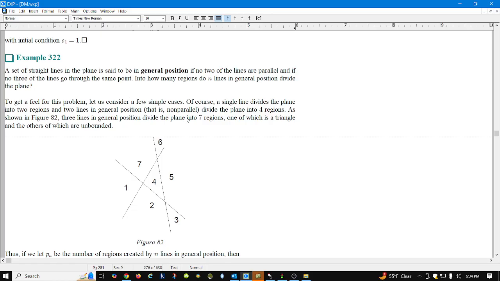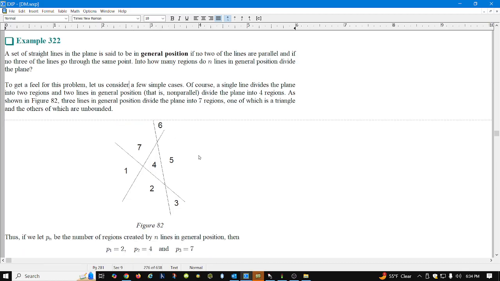They're going to give you 4 regions. 3 lines in general position will look like these 3 lines here. No 2 are parallel, no 3 go through the same point. And if you count and number these, you get 7 regions. Some regions are unbounded. There's 1 bounded region.